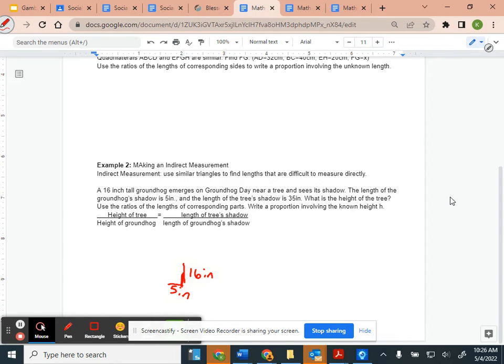We don't know how tall the tree is, but we know the tree's shadow is 35 inches. We want to find how tall our tree is. So if we have these two lines, we can make it into a triangle, right? When it's saying we're comparing those triangles, use similar triangles.